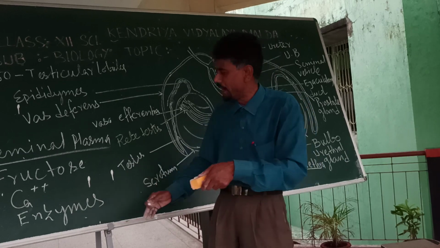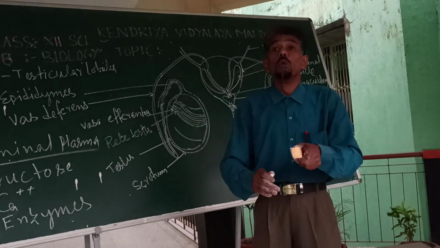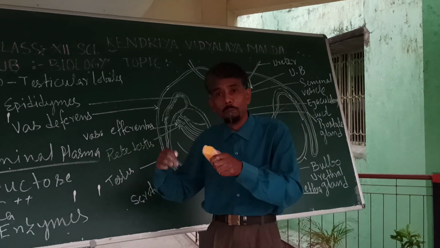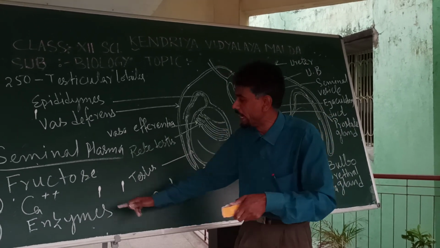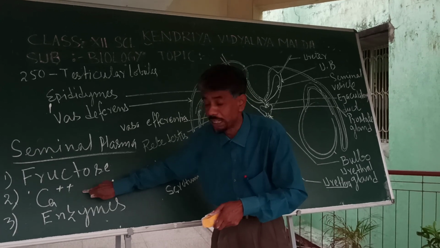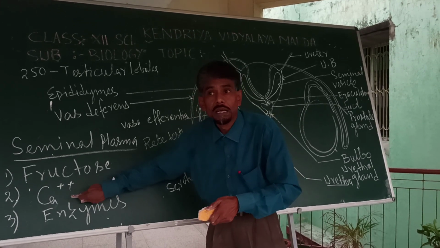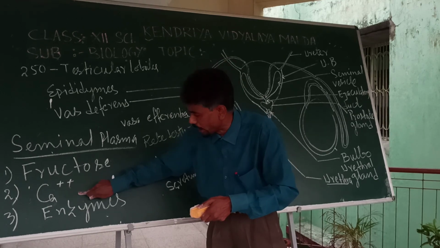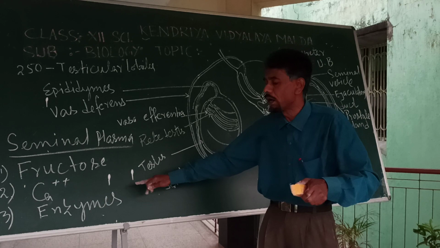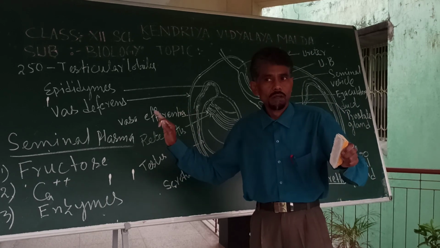In that acidic medium, the sperm would lose its viability and die. So to make the medium neutral, it is the calcium which gives the alkaline ambient. Enzymes further process what is required for the sperm.